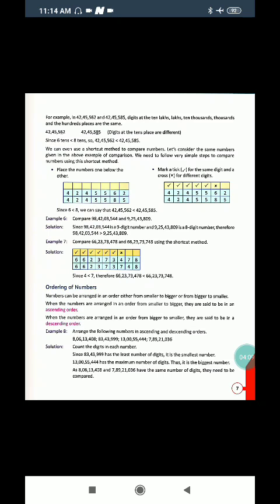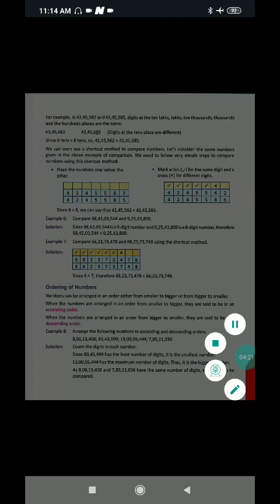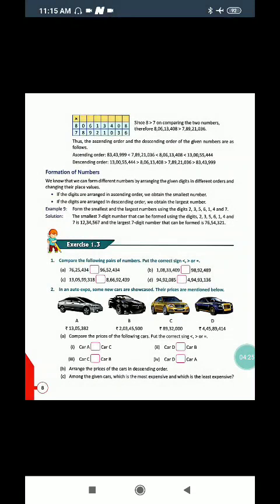Arrange the following numbers in ascending and descending order. So what we are doing, count the digits of each number. We will count and arrange the numbers in the column, we have to put the numbers over there.